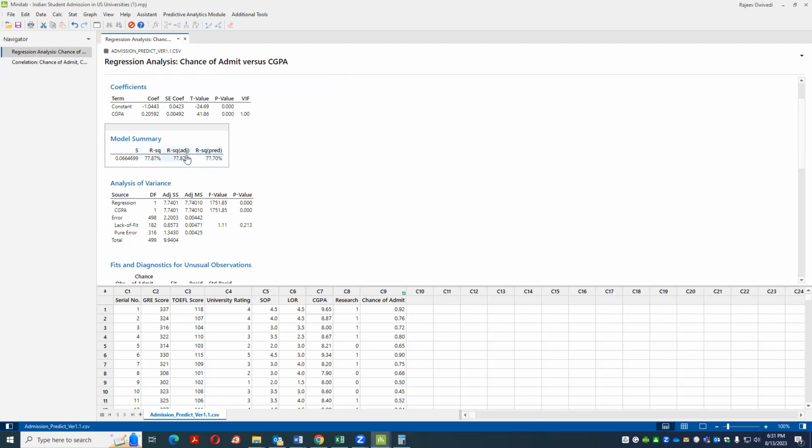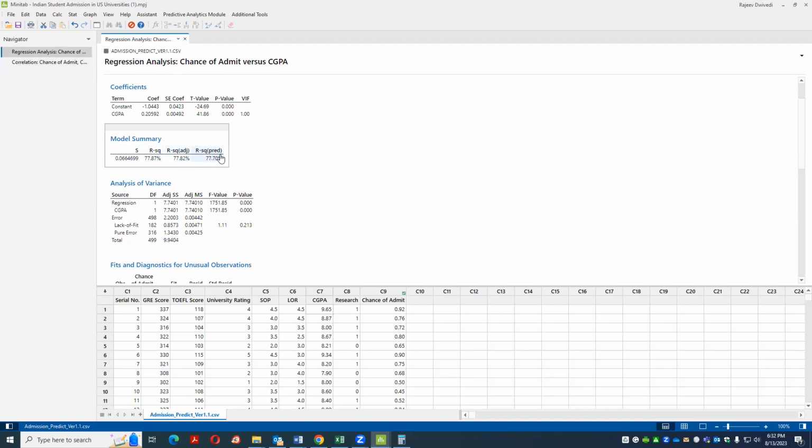What is adjusted R square? Adjusted R square is always a little bit lesser than R square. R square includes everything in the calculation, but adjusted R square refines it, filters more. Therefore this is always a little bit lesser.